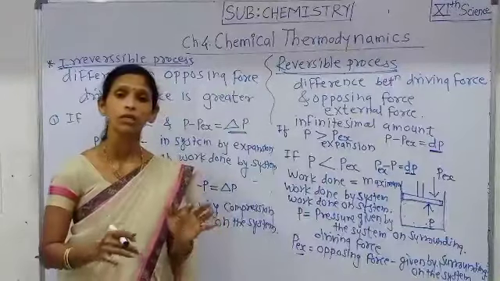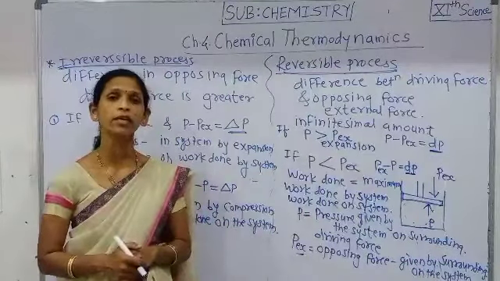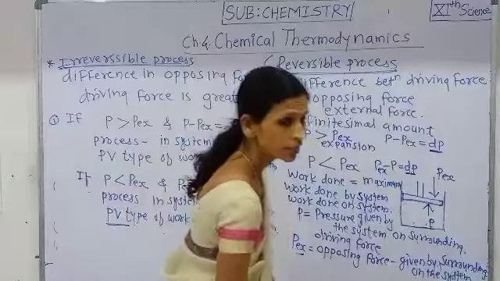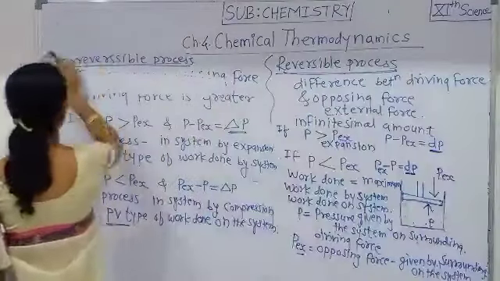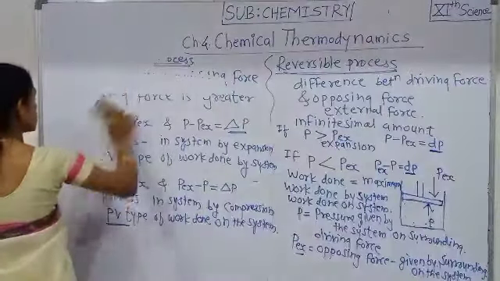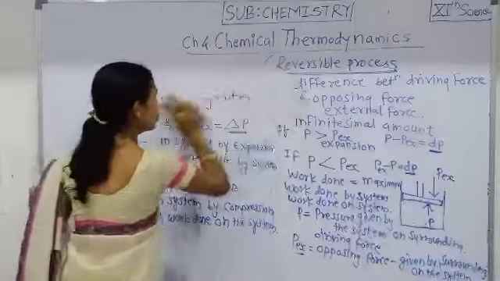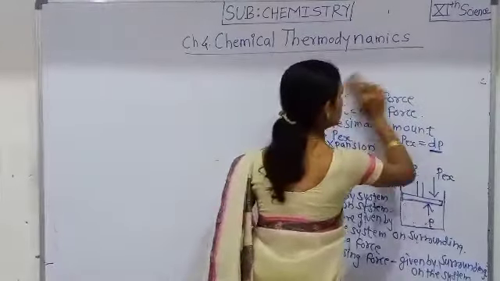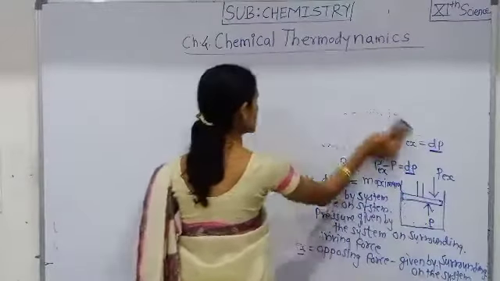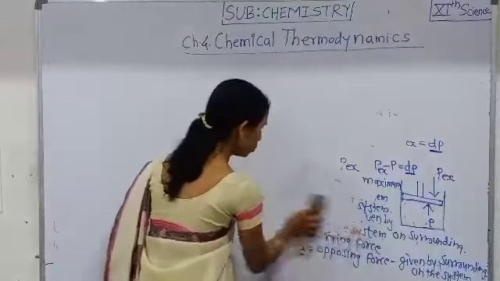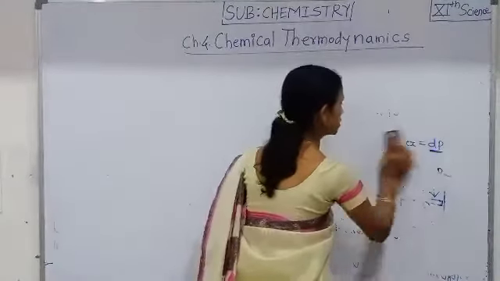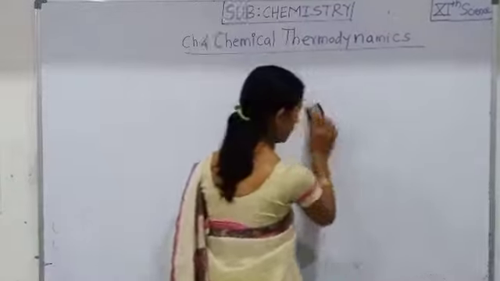That is about the reversible process and irreversible process, as well as we will discuss the sign conventions which we have to use while solving numerical examples, which is based on that PV type work done as well as maximum work done.